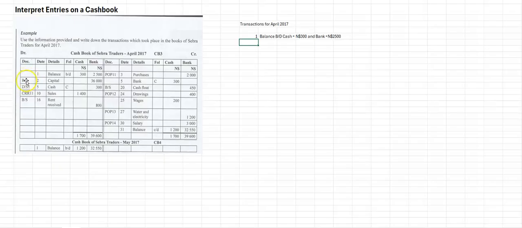We see here there's a document number, which is a receipt, and there's a capital installment of 36,000, which means the capital increased with 36,000.